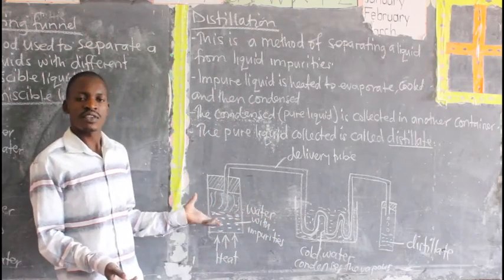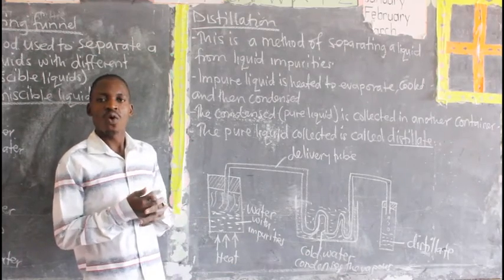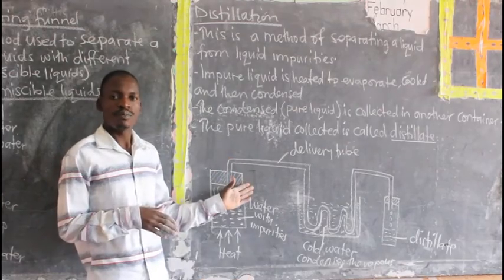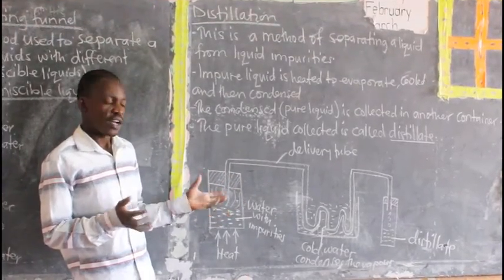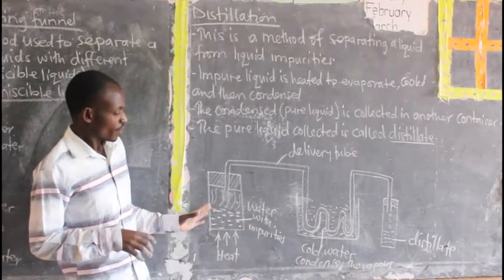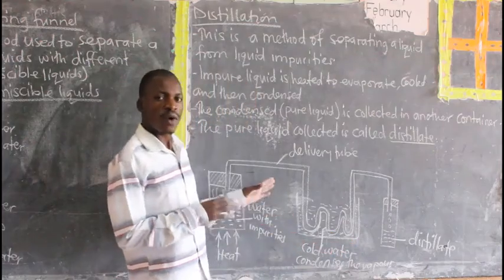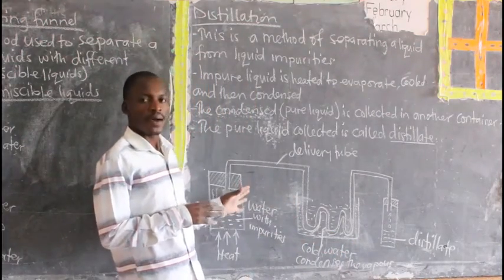We can use this method of separating mixtures when we are making alcohol. We can use the distillation method to prepare pure alcohol, like Uganda Waragi, and so on. So, what's the importance of this cold water here? The work of the cold water is to condense the water vapor.